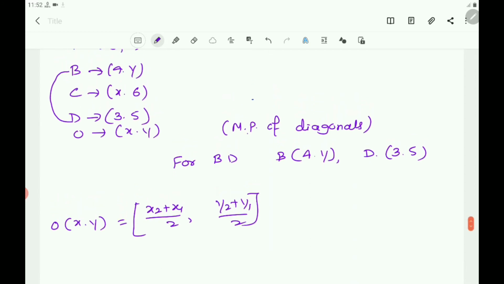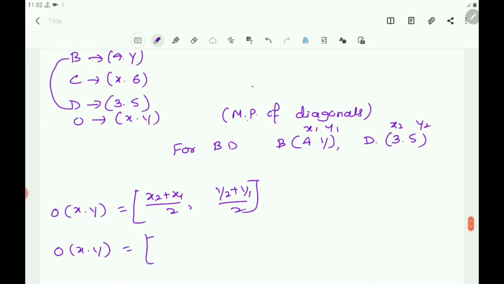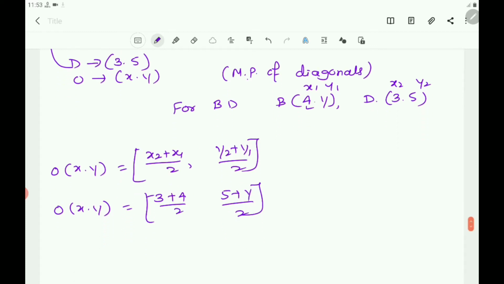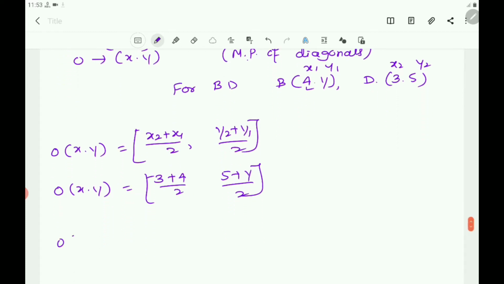So with (x1, y1), (x2, y2), x2 is 3 plus x1 is 4 by 2, then y2 is 5 plus y1 is y by 2. Then you get O of (x, y) equals (7 by 2, (5 plus y) by 2).